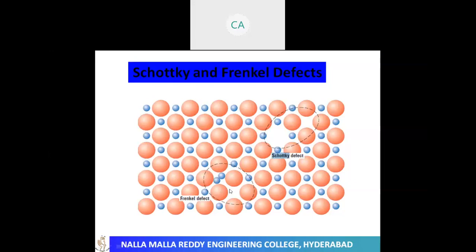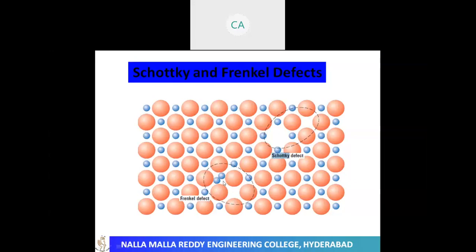That means we can say that the cation is misplaced. It is not missing, it is misplaced. It is dislocated. It has left its original site, it remains in the crystal, but it shifts to the interstitial site. This is known as Frenkel defect.